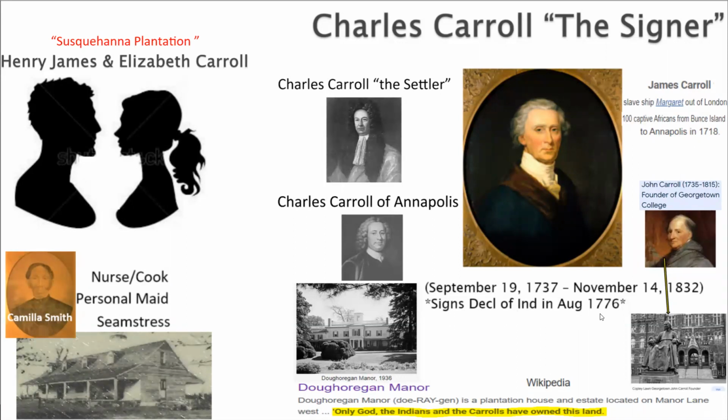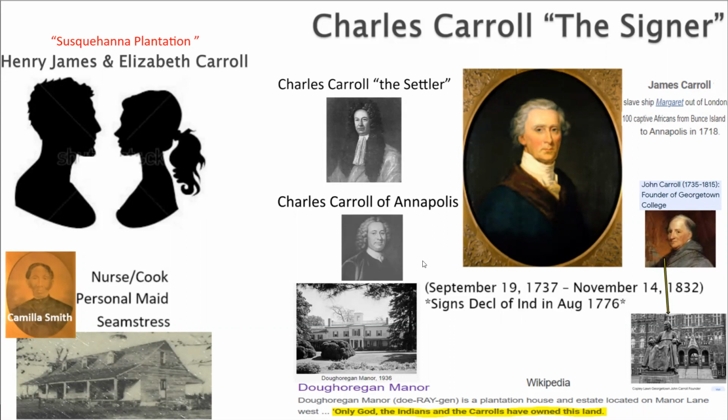Charles Carroll represented Maryland in that effort in 1776. He also has the distinction of being the last survivor of those individuals who signed the document. He outlived all of the other members, living to November of 1832, and that's kind of his claim to fame.